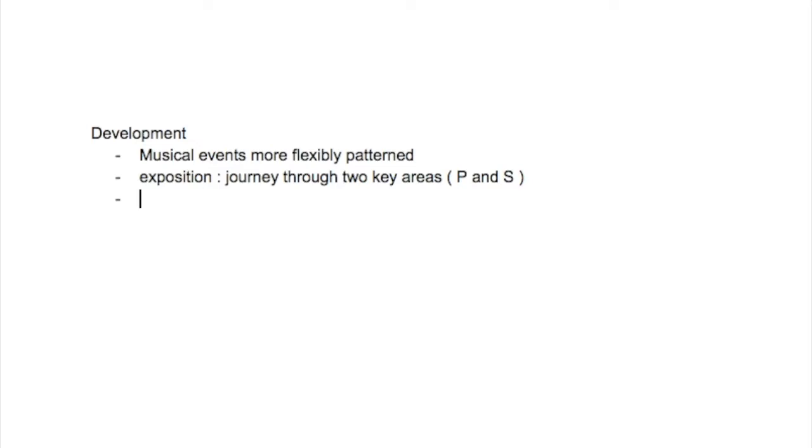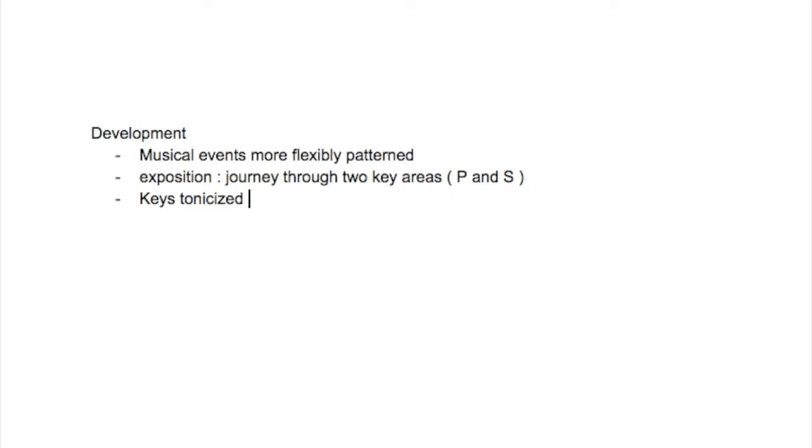Different in the number of keys being tonicized. In one sonata, it's possible that we see only one or two keys really being tonicized in the development before the recapitulation returns.